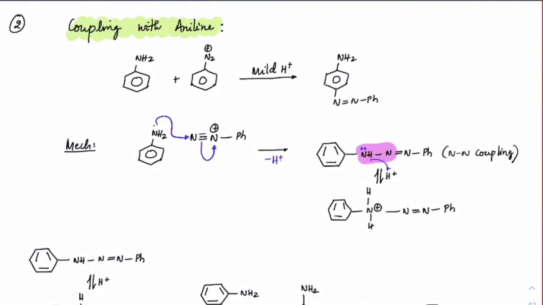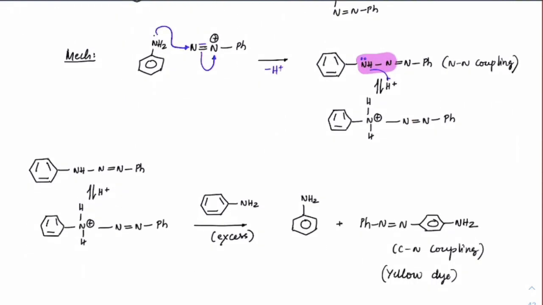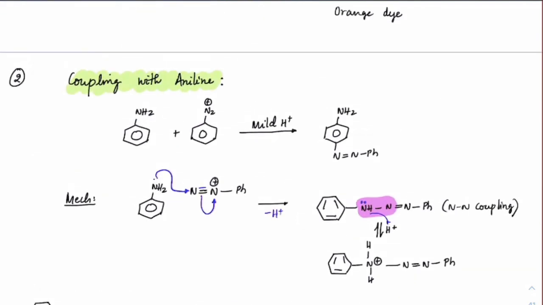That is what I have written once again here. So that will leave if you have a sufficient amount of aniline, and then this pi bond would attack this nitrogen. See, even for the slightest electrophilicity, the lone pair is the one which initially attacks.